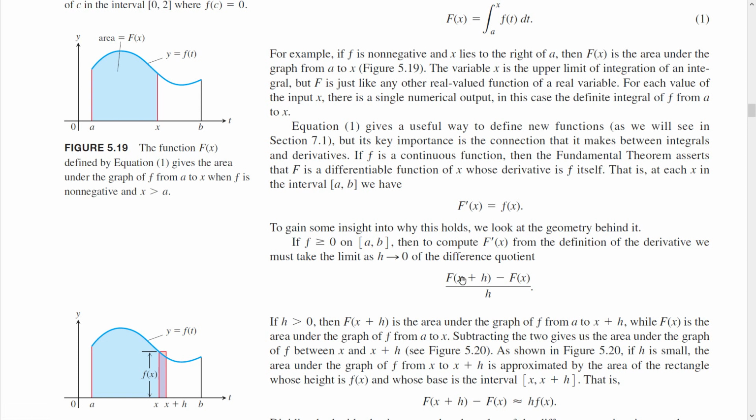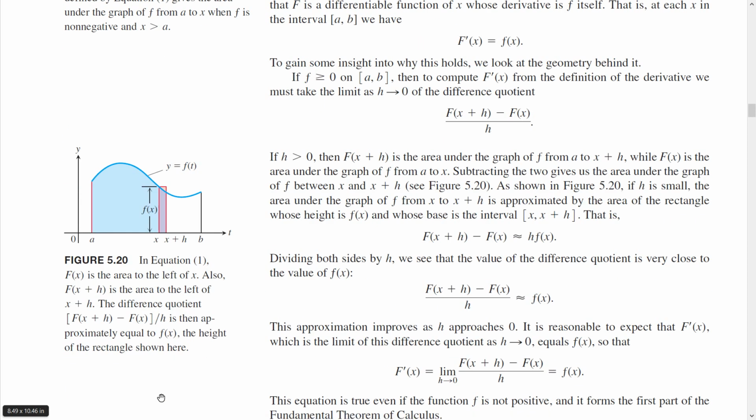The difference between F(x plus h) and F(x) is this small purplish colored rectangle. Now when h approaches 0, x plus h approaches x. So this means the derivative of uppercase F, that is the derivative of this integral, is equal to the value of f(x).